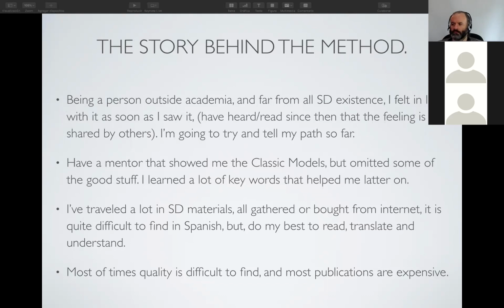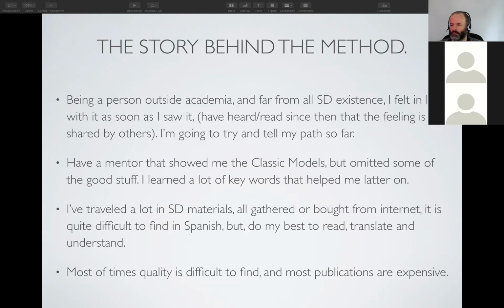Then I traveled a lot of time between system dynamics materials. I have a lot of books and papers and things that I found on the internet, and it was quite difficult because it wasn't in Spanish. So I did my best. I read, I translated those, and tried to understand what things were saying.